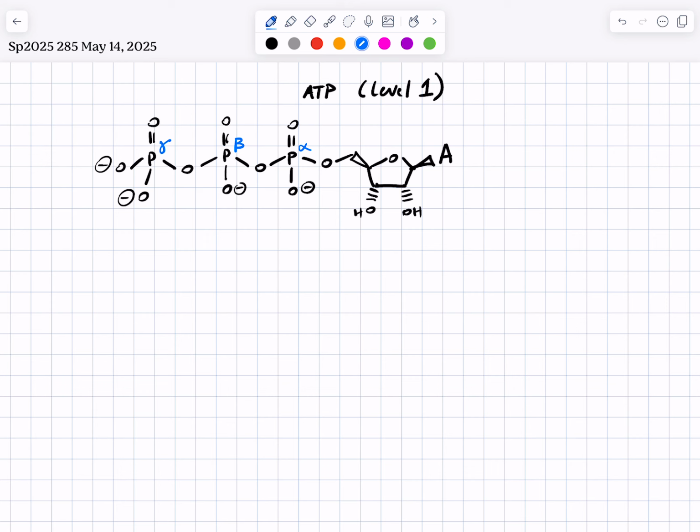And the confusing thing about ATP is, depending on your perspective, you could think about any of the phosphoruses as being electrophiles and everything else being a leaving group. Let me give you an example of that.